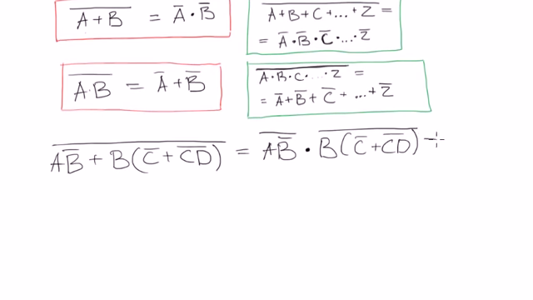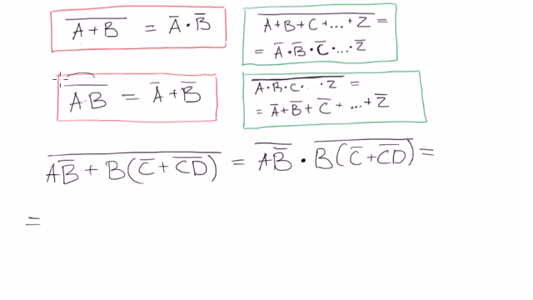And so this will equal, then we can apply DeMorgan's theorem for multiplication. For this case, it's nearly the same, except we have a bar above B as well.